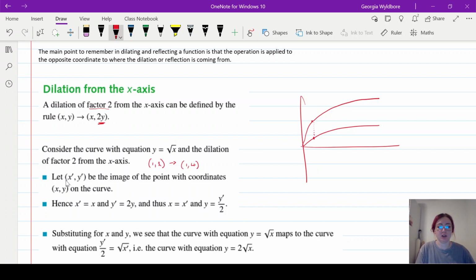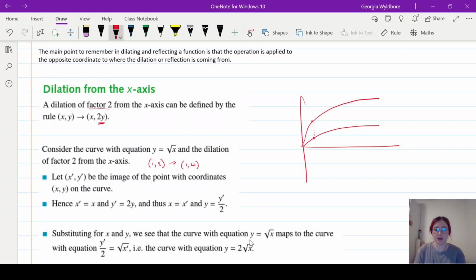So if we've got x dash, y dash be the image of the point with the coordinates x, y, so our dilated point, the point we're mapping to, then x dash is just going to equal x, our x's will stay the same, and y dash is going to equal 2y. When we rearrange that to put it in terms of x and y, we get x equals x dash and y equals y dash over 2.